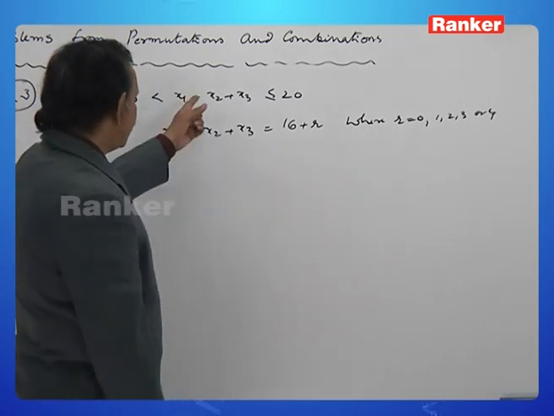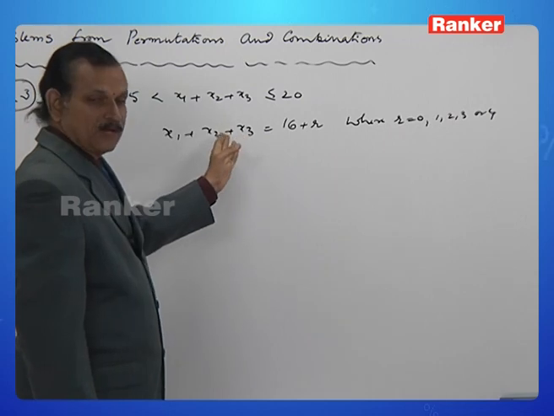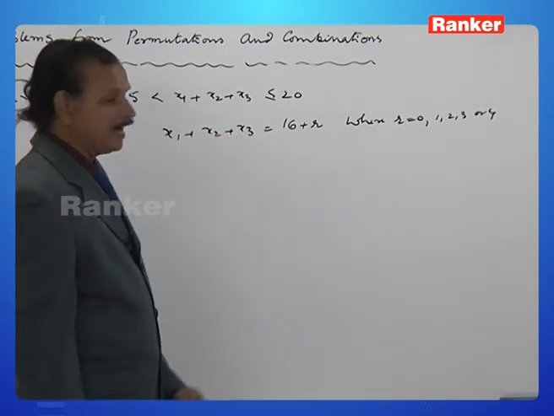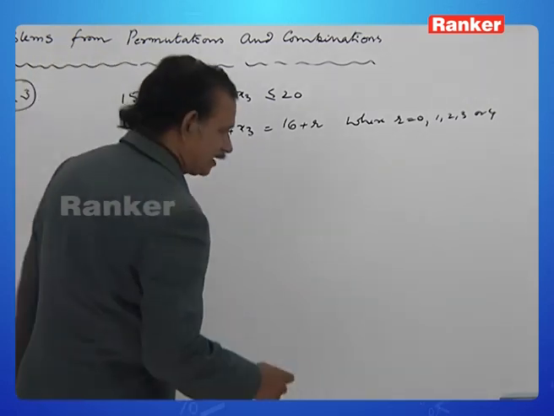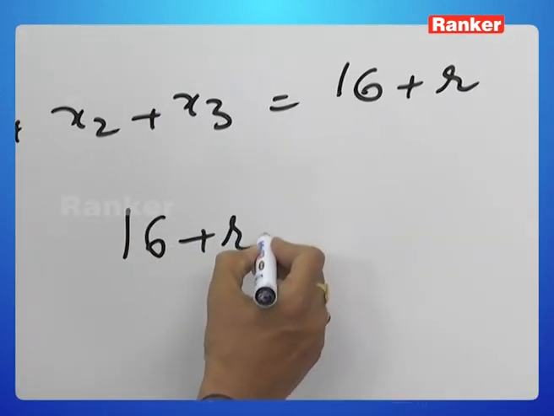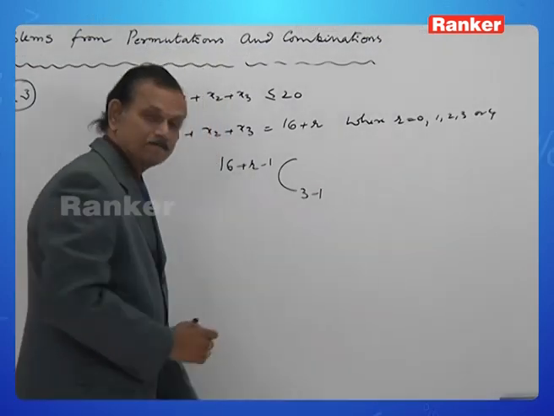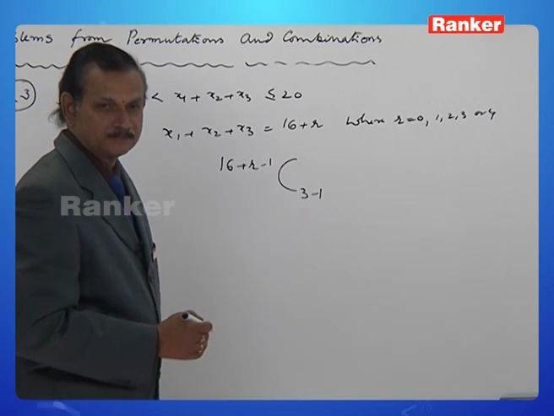Of course, here we are supposed to have the positive integral solutions, but here we are supposed to have non-negative integral solutions for this. Hence, the total number of such solutions will be (16+r-1)C(3-1), as in the (n-1)C(r-1) type.